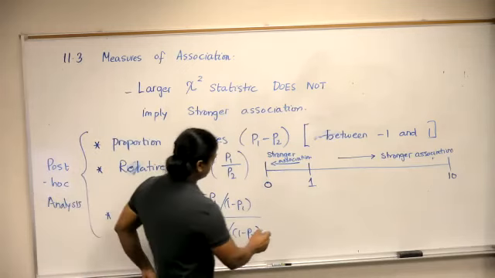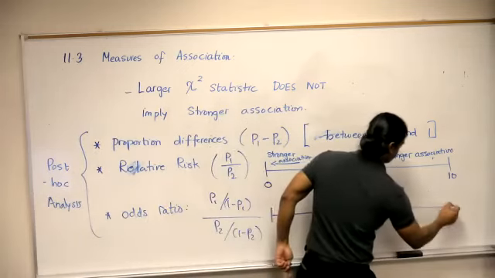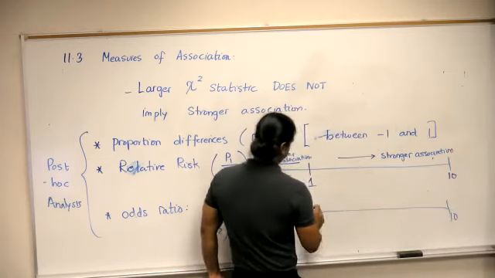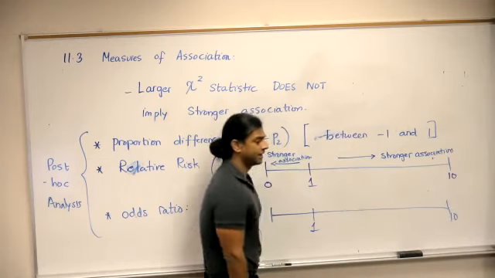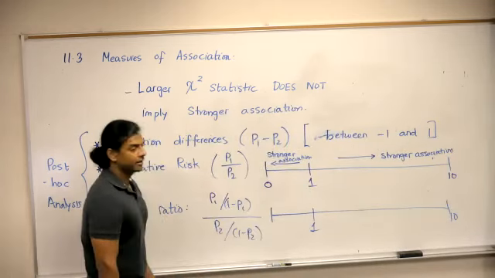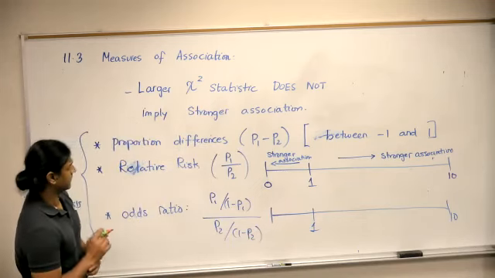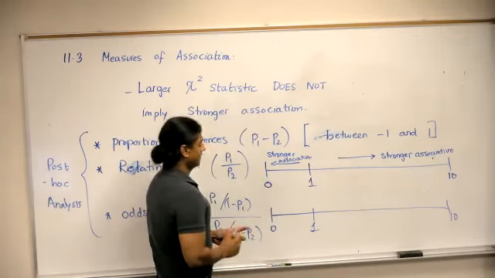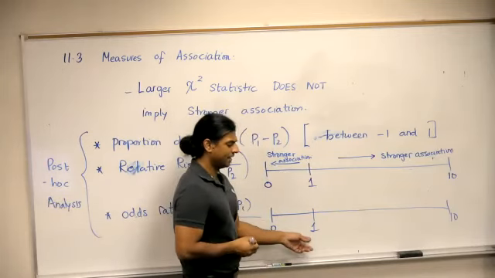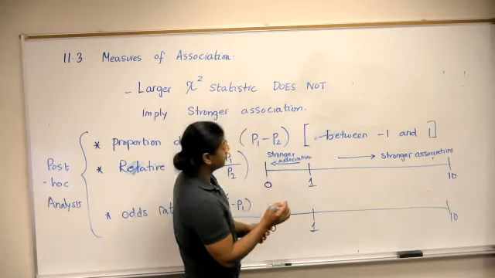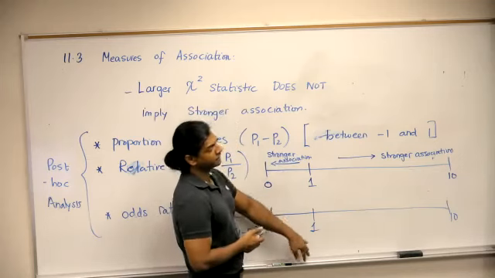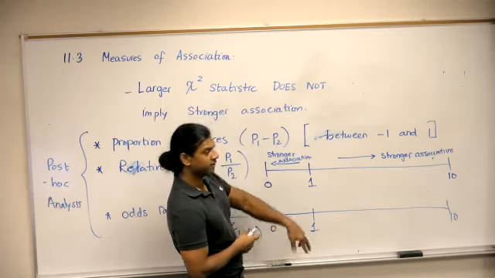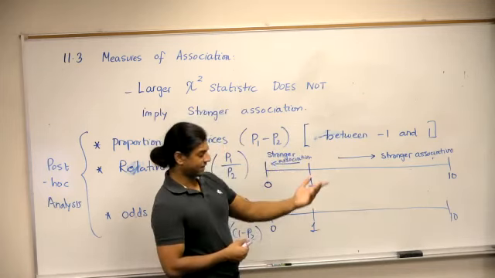Odds ratio will follow the same pattern. And an odds ratio of 1 would indicate that there is no relationship. Of course, that would be supported by the test. We don't even have to find the odds ratio, because the chi-square test will not reject the null.